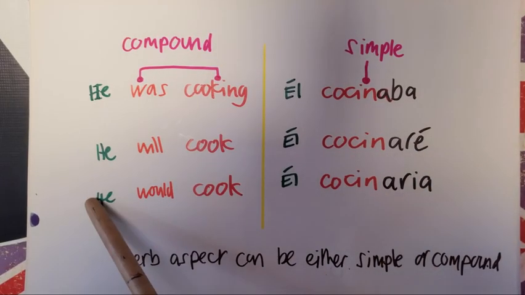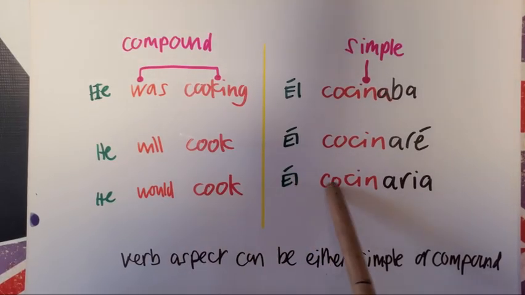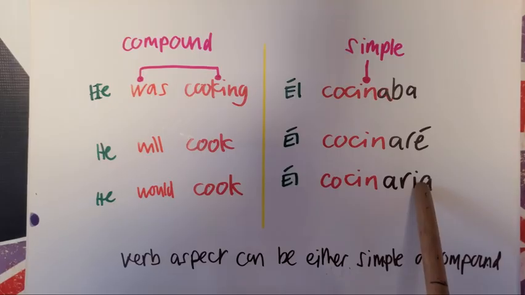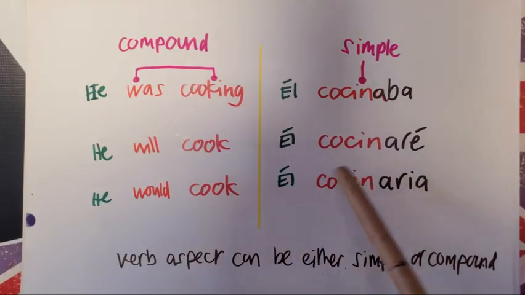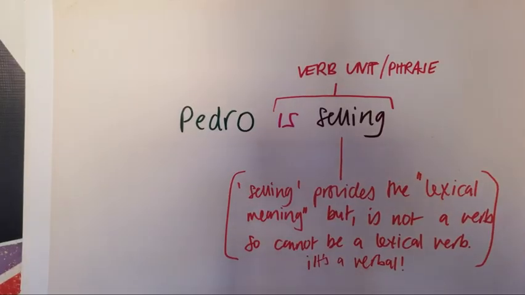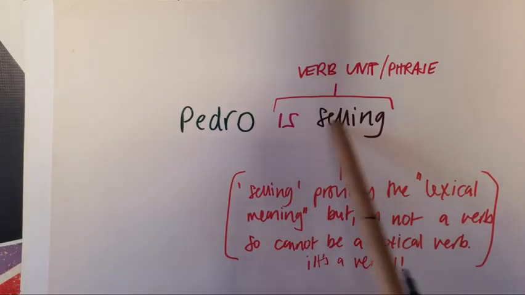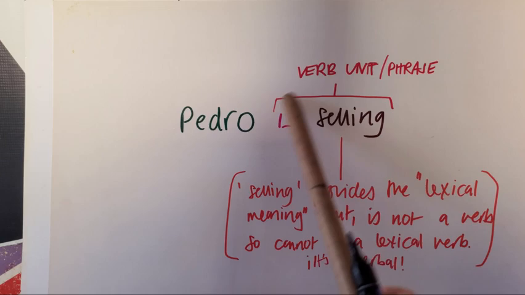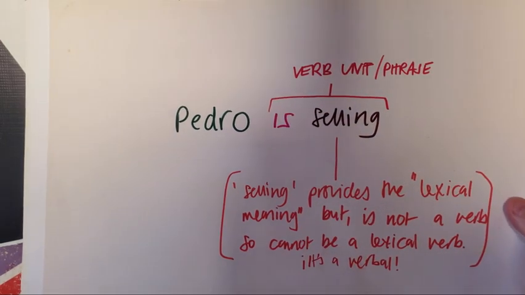And in English, we say he would cook, conditional mode. In Spanish, they call el cocinaría. The Spanish is translating would cook with one word and will cook with one word. Remember that compound tenses are together. 2 words, is selling. Okay, it's called a verb phrase.